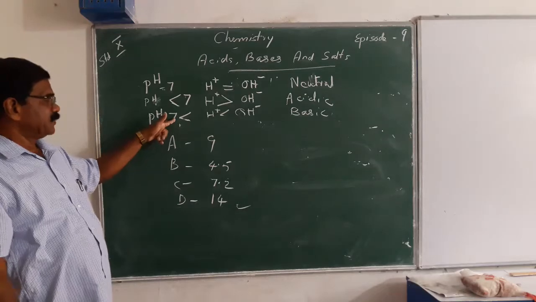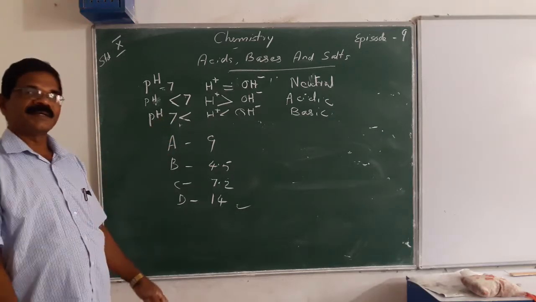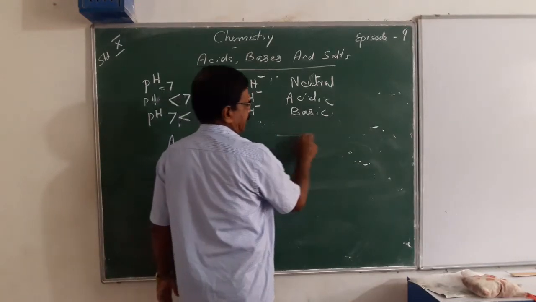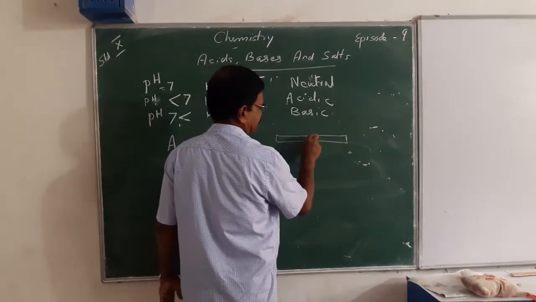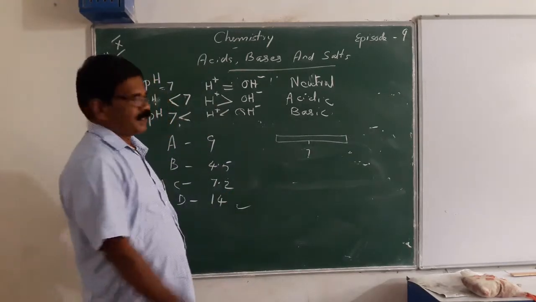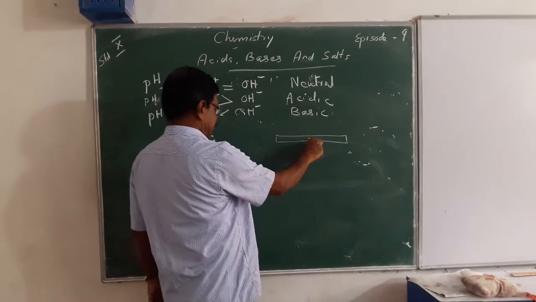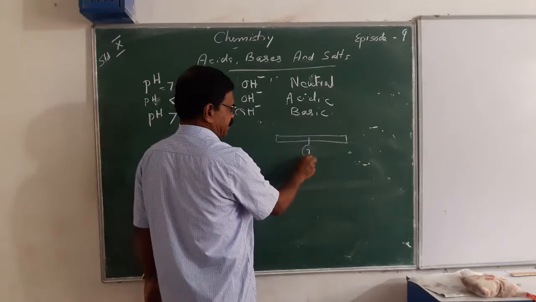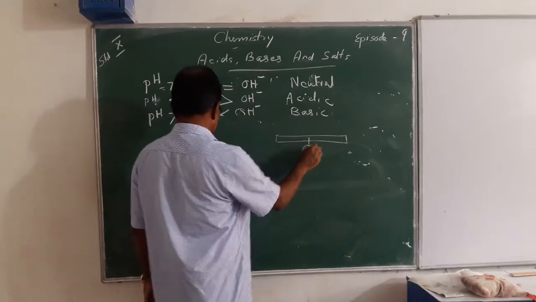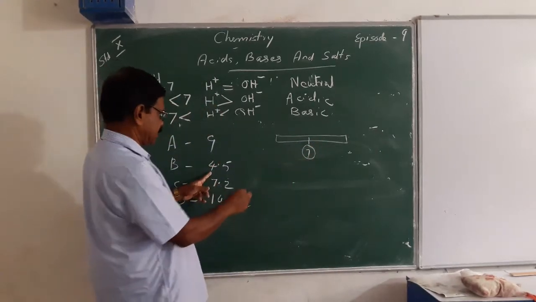What is the weakest base here? We already gave that. Any doubt? The weakest base is 7.2. You draw a pH scale and mark it. 7 is a must on the pH scale. Then what are the given solutions?